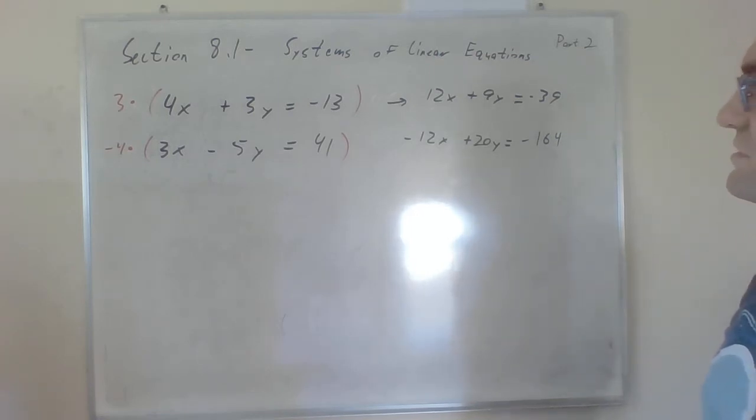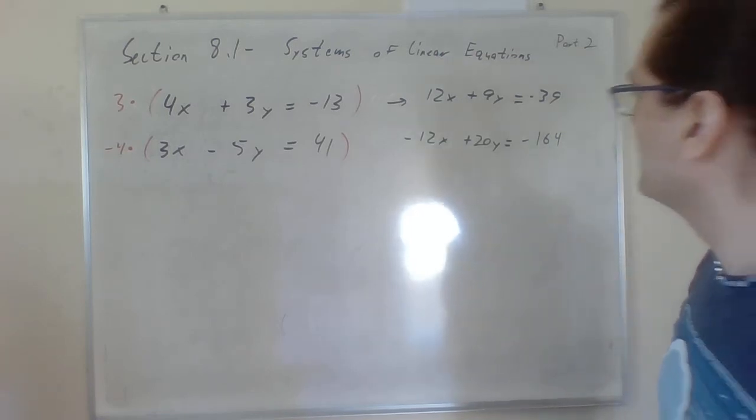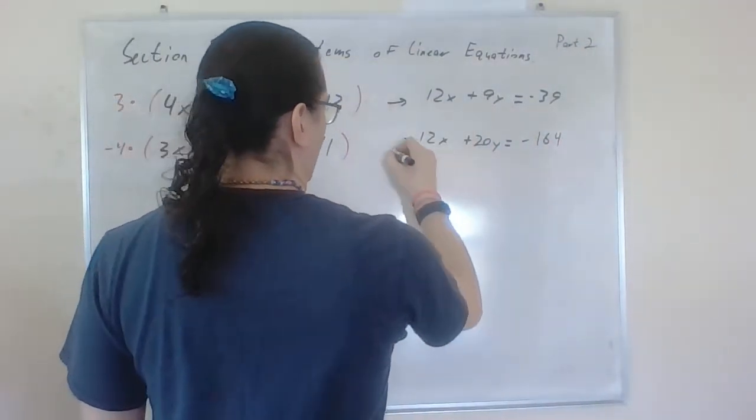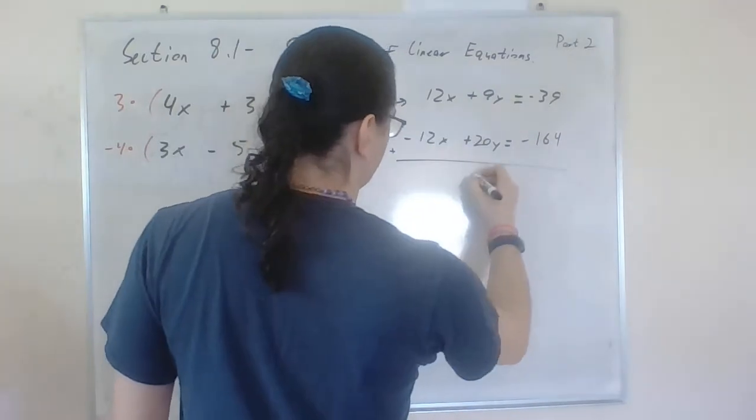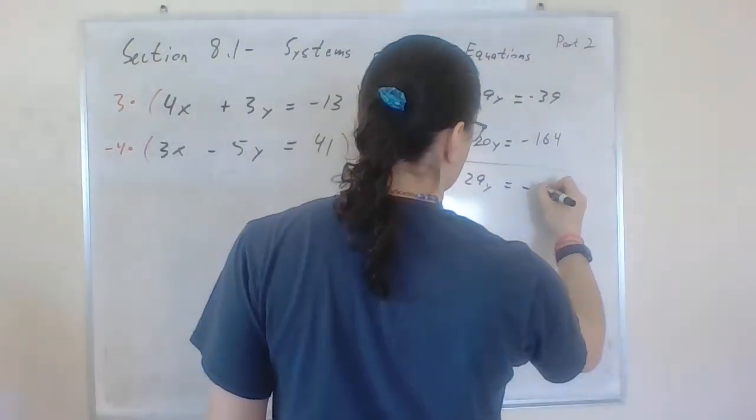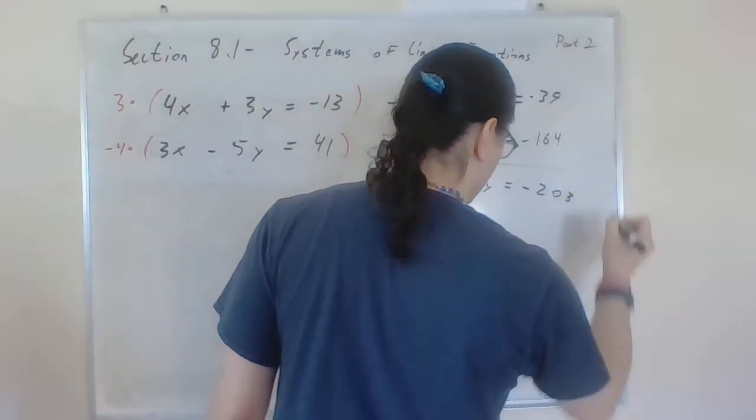Huh, this is not very pretty. That's all right, we can still do this. The x's, when I add these things together, the x's are gone. This is 29y equals -203.